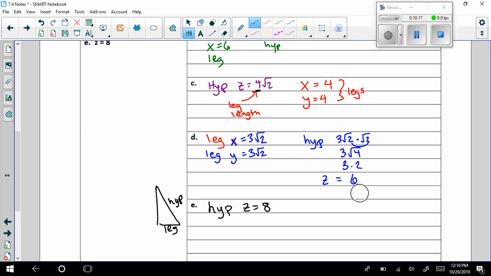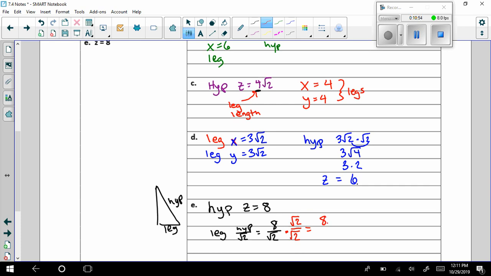To do that, the leg is the hypotenuse divided by the square root of 2. So we're going to take 8 divided by square root 2, but because we have a square root in the bottom, we're going to do what's called rationalizing. We multiply by square root 2, and what I do to the bottom, I also must do to the top. So we have 8 square root 2 over square root 2 times square root 2.